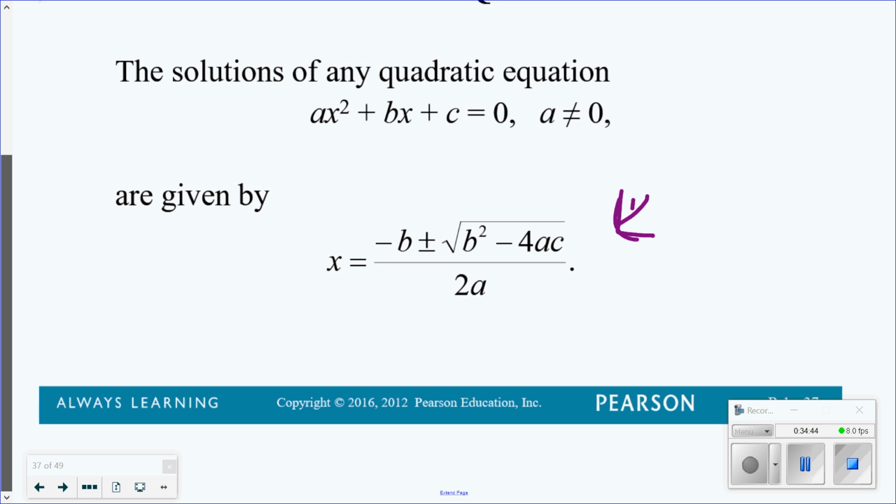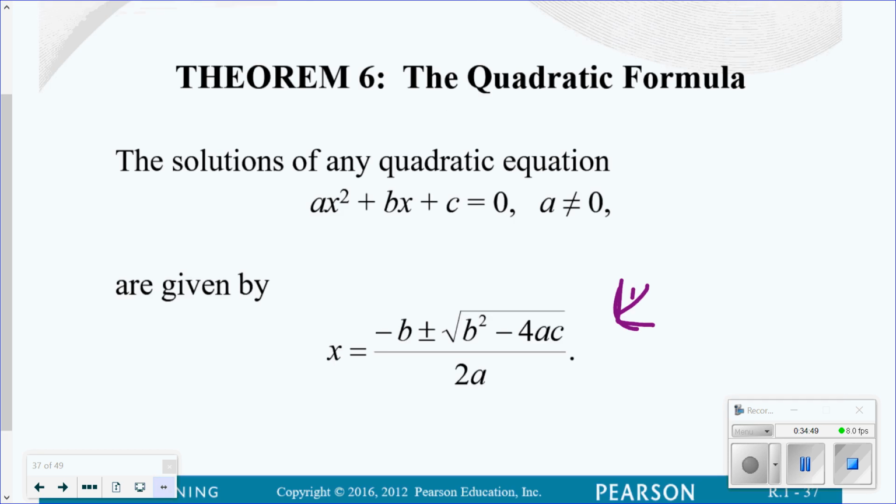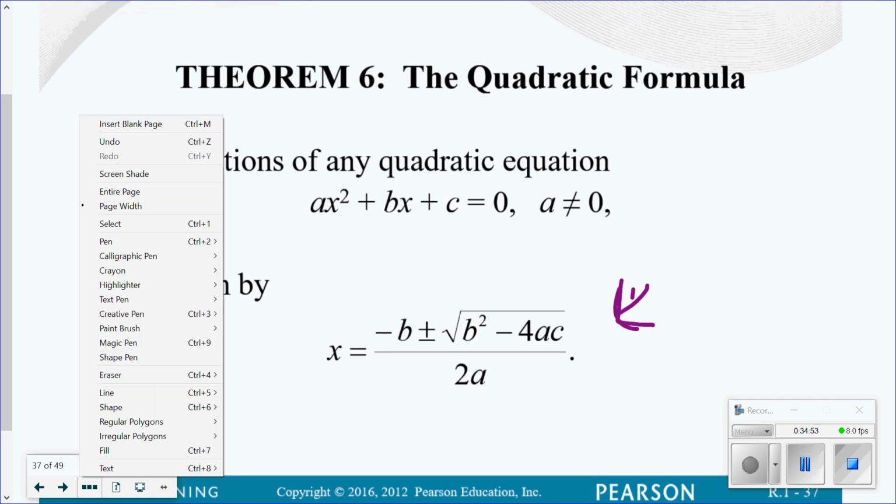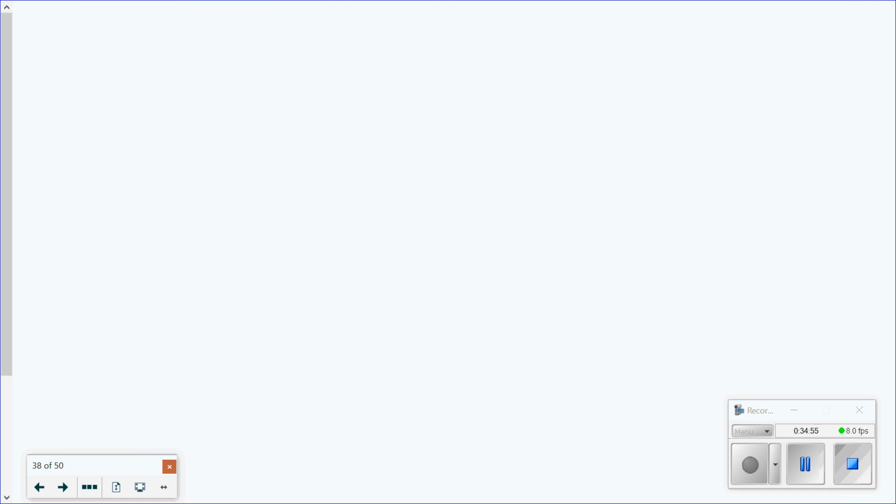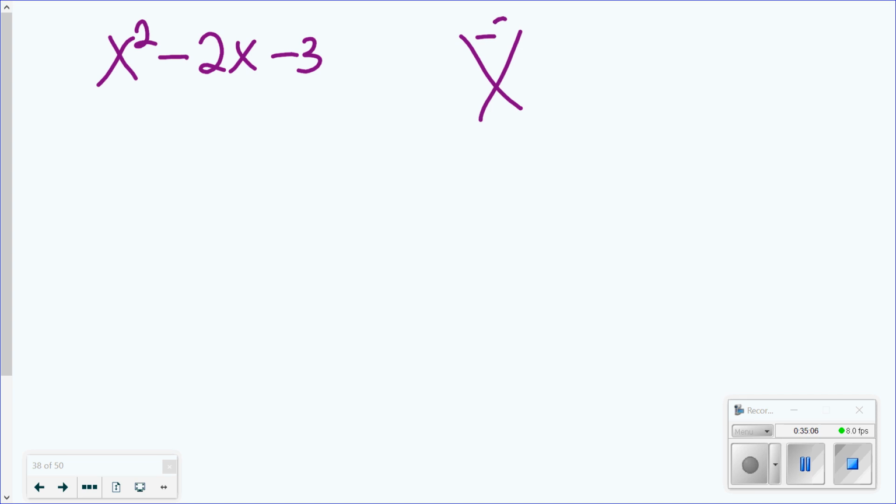So let's look at some problems that we can factor. Insert blank page, that's what I want to do. So let's look at a couple of problems. We have x squared minus 2x minus 3. Okay, so we want to find two numbers.